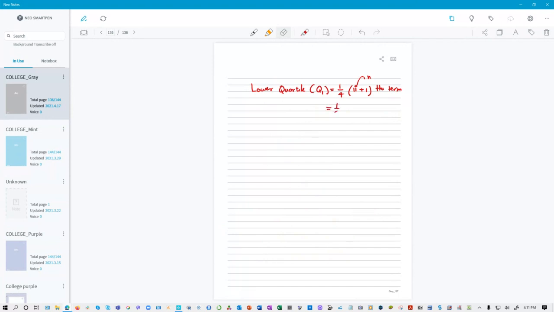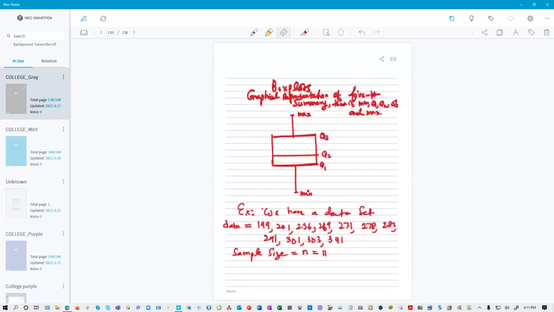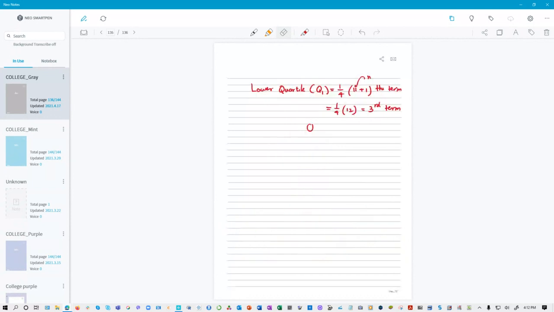This is going to be 1/4 of 12, which is the third term. If you go back to this ordered data set, it has to already be ordered. If not, you have to order it from the smallest to the largest. The third data point is 236. Therefore, Q1 is nothing but 236.